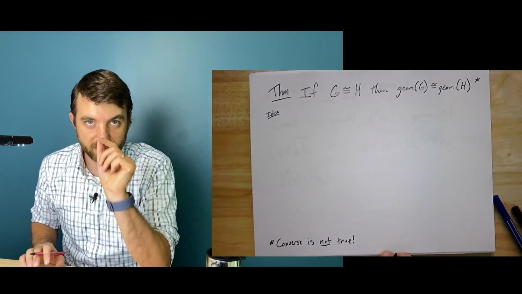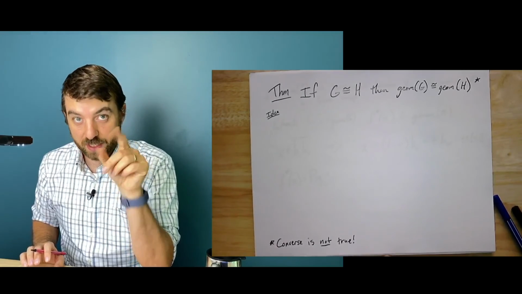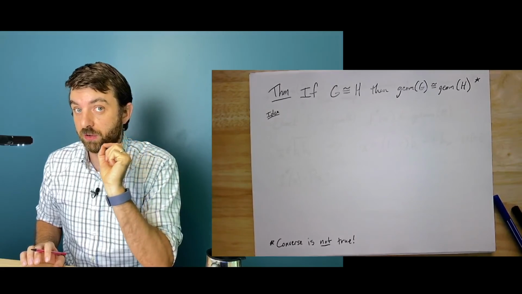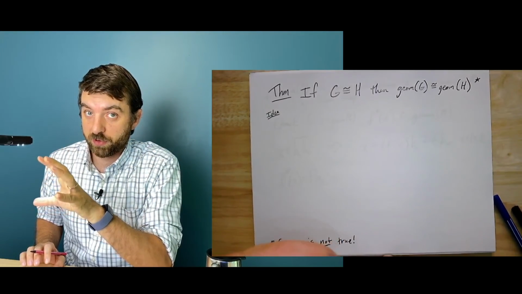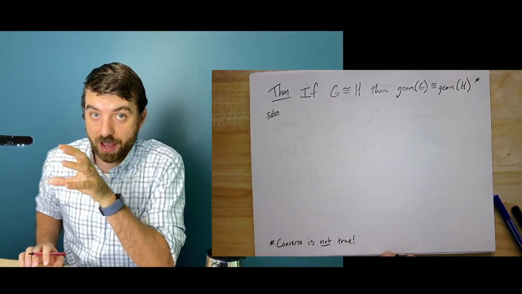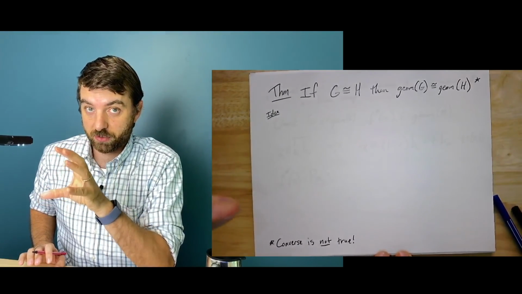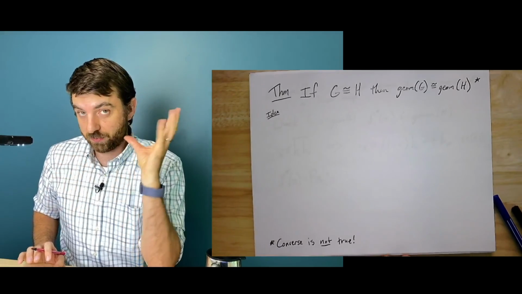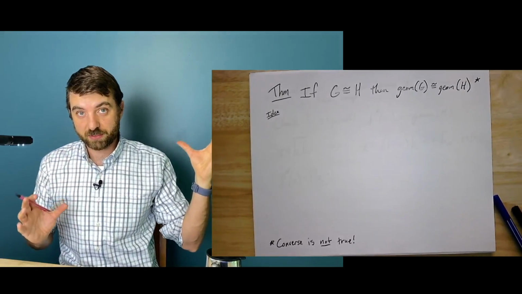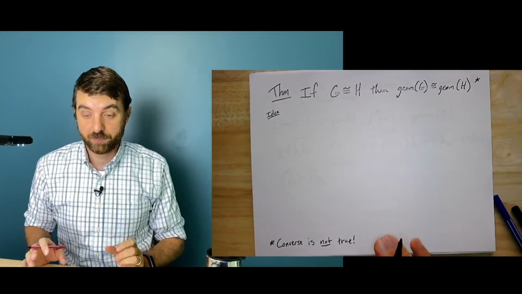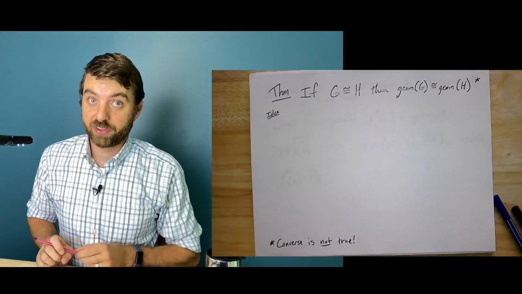All right, so let me say this. If the graphs are isomorphic, then their geometric realizations will be homeomorphic. But you could end up with graphs that have homeomorphic geometric realizations, so when we put them into a geometric space they look the same topologically, but they're actually not isomorphic as graphs.